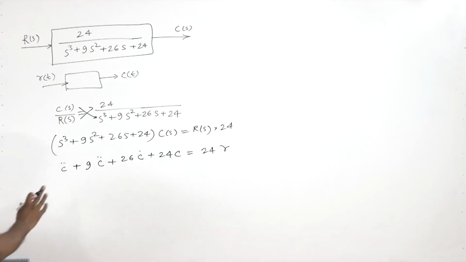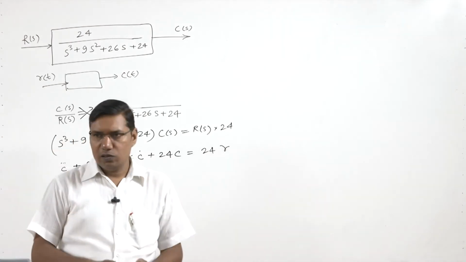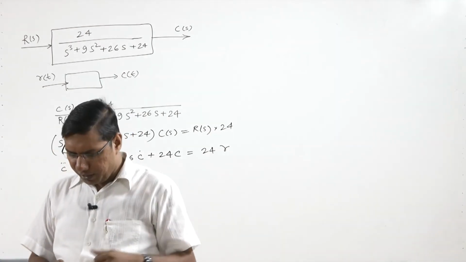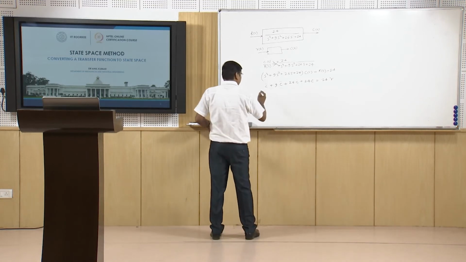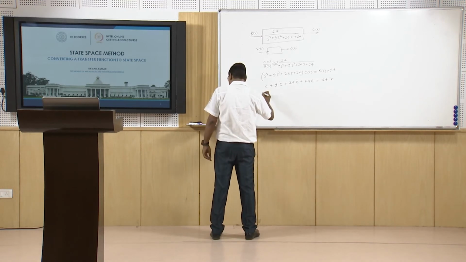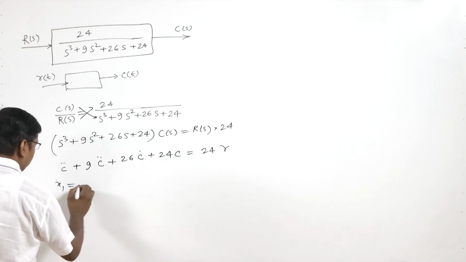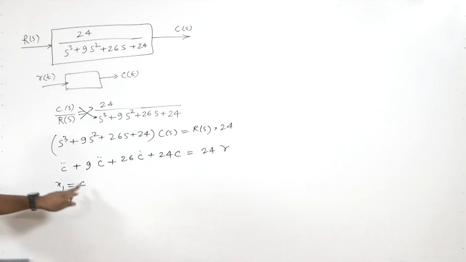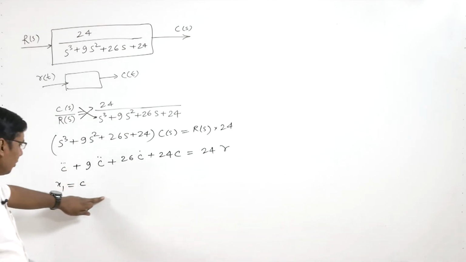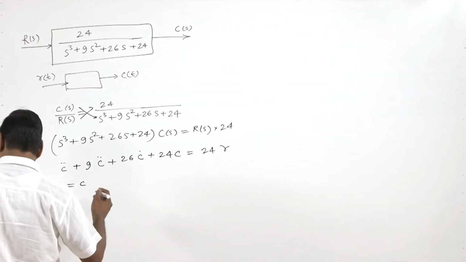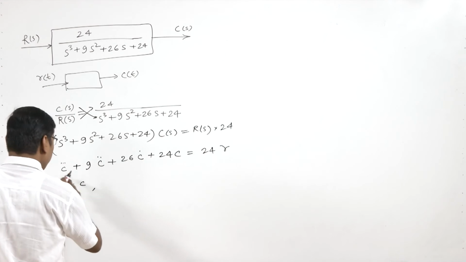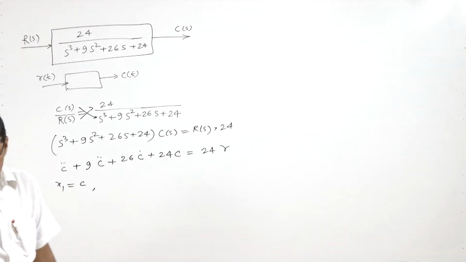Now we have to select the state variables. We select phase variables as state variables. So we assume that x1 equal to c is the output. We need a third order differential equation, so we need three state variables.